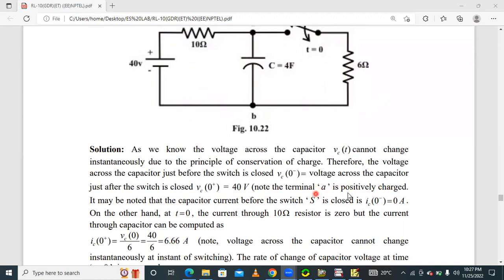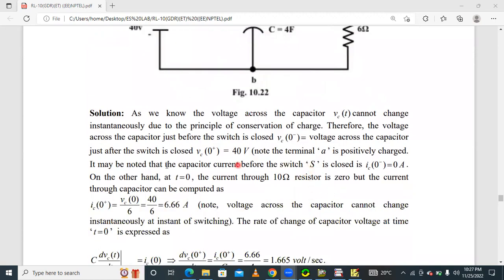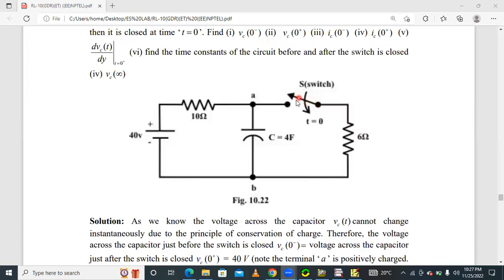Next, it may be noted that the capacitor current before the switch is closed: before the switching action the capacitor is fully charged, which means the capacitor is effectively an open circuit. That's why the current flowing in the circuit, IC of 0 minus, is equal to 0.